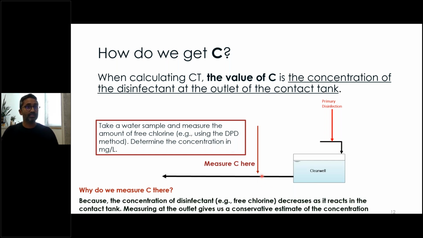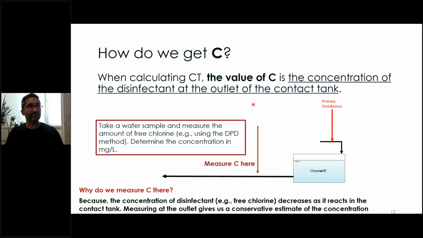And if you want to be even more conservative, you can measure it further down, right before it gets to the entry point of being distributed out. And that will give you a safer bet, a more conservative estimate of the concentration of your chlorine or your disinfectant that's in your contact basin.